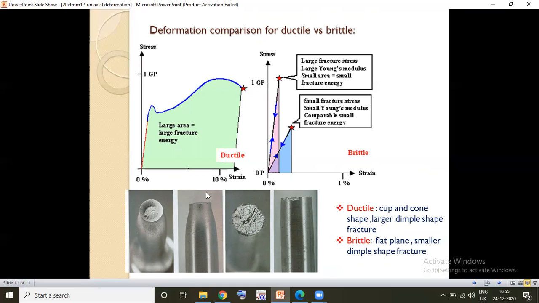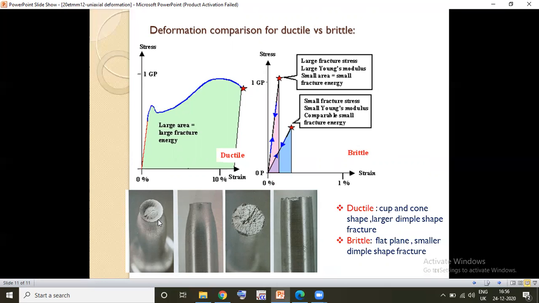When we go to the fractograph of these materials, you can see that the dimple formation is very dense in the brittle material, where the dimples do not propagate too much and break in between before propagation. Whereas in the ductile material, the dimple density is very low and the dimple size is very big.